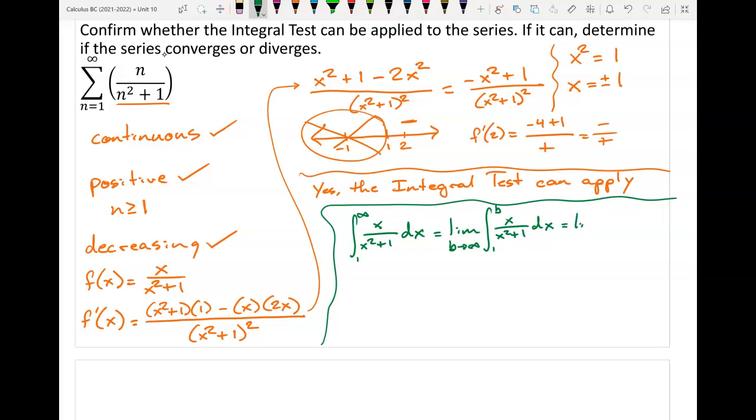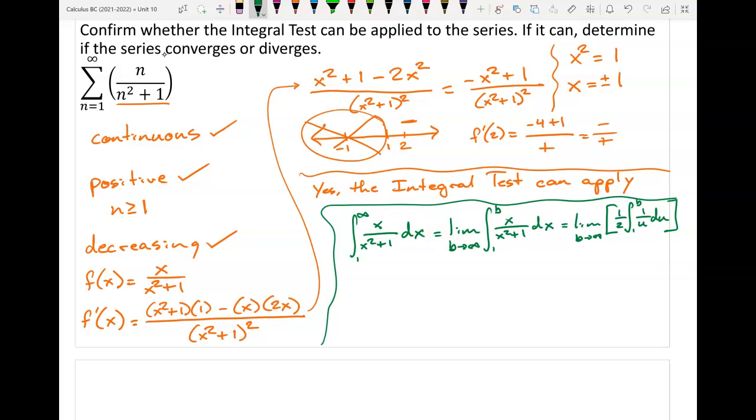So I should be able to say that that is the limit as b goes to infinity. U sub would be x squared plus 1. So I should have a 1/2, right? 1/2 of the integral from 1 to b of 1 over u. Does that look right? Does that look correct?